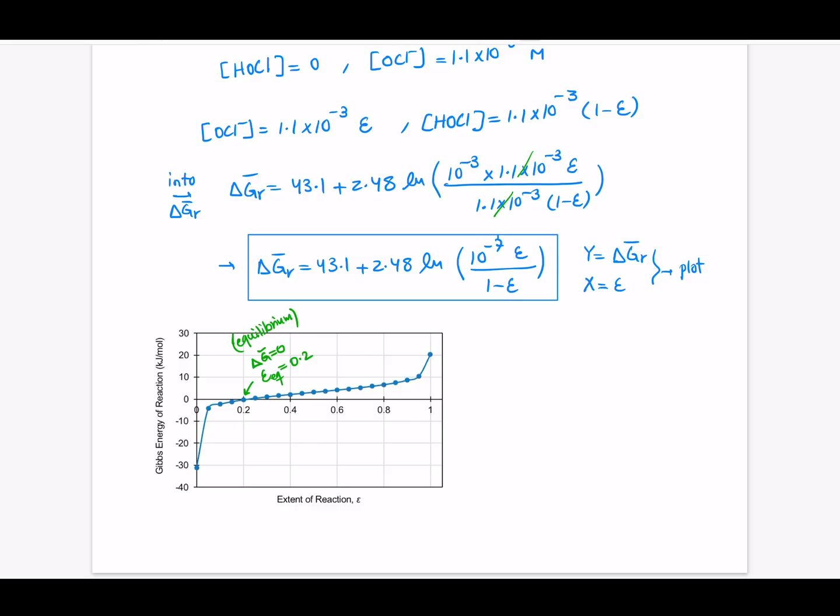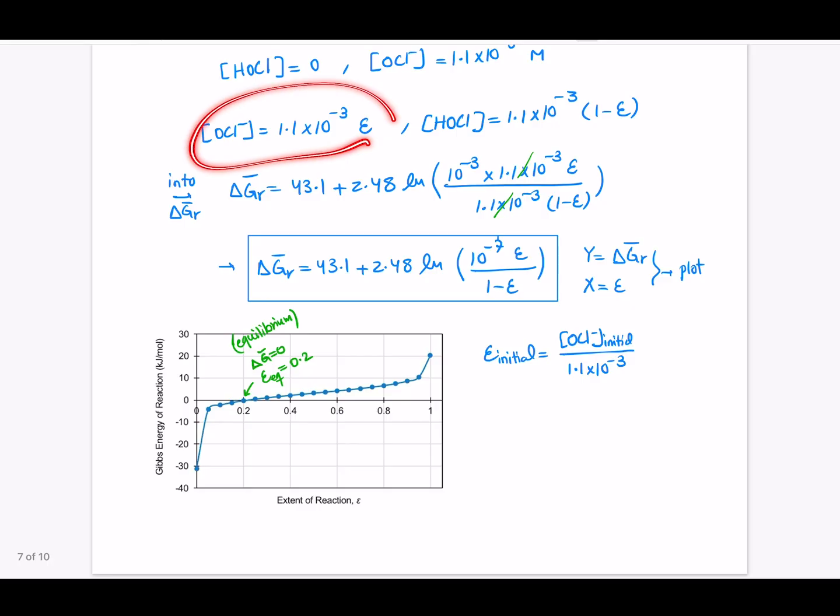And then based on the given concentration, we can also calculate the extent of initial, which would be OCl minus initial divided by 1.1 × 10 to the minus 3. So basically relying on this one.